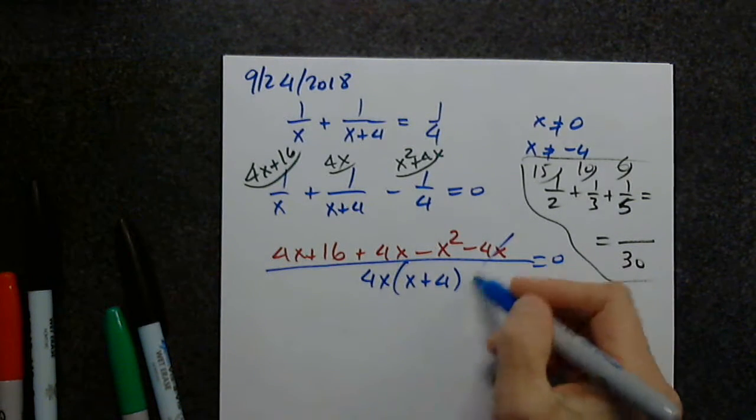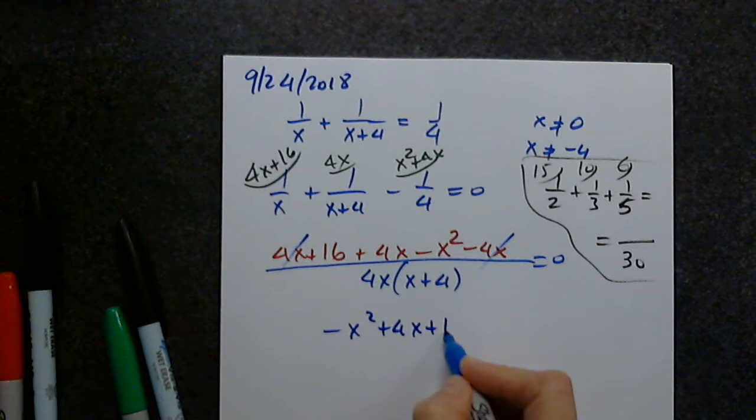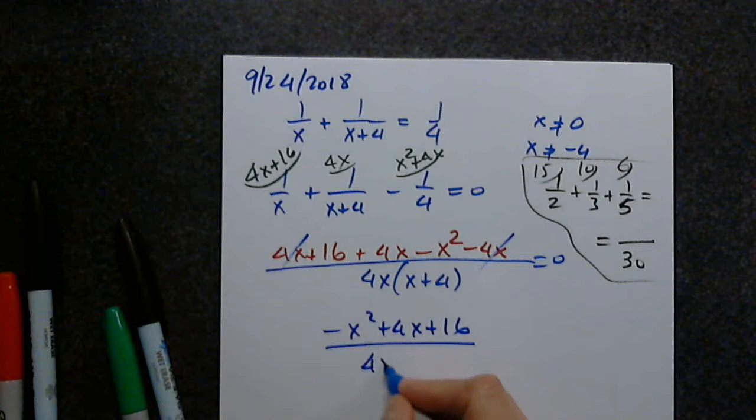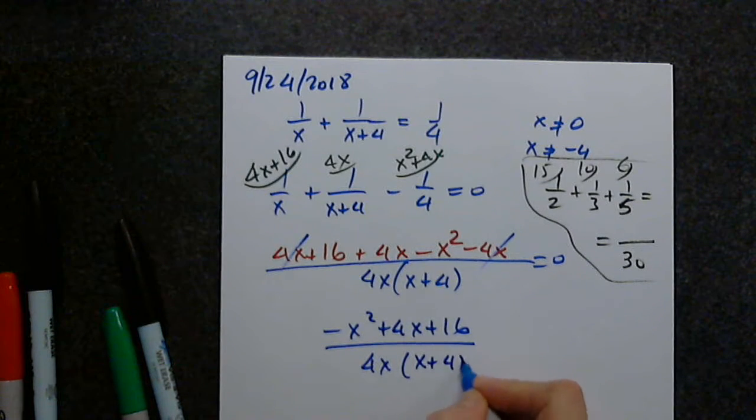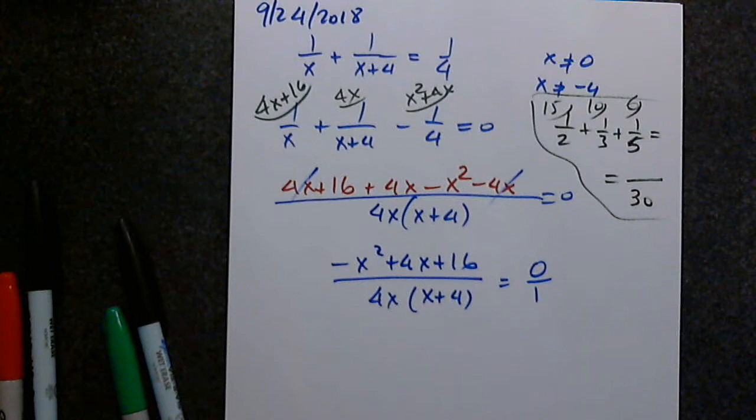Okay, now I have to combine like terms, and I see negative x squared plus 4x plus 16 divided by 4x, x plus 4 equals 0 over 1. This is a simple reminder to myself. Hey, you changed that whole thing into a what? Proportion.